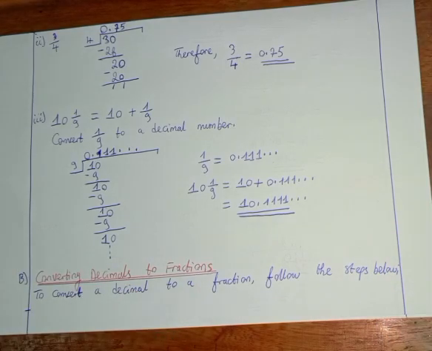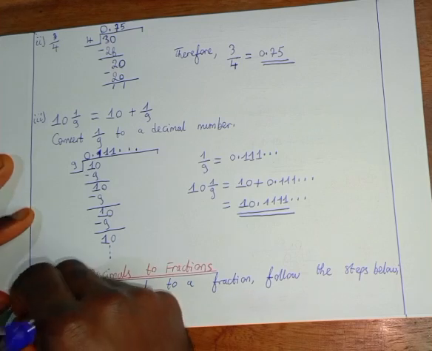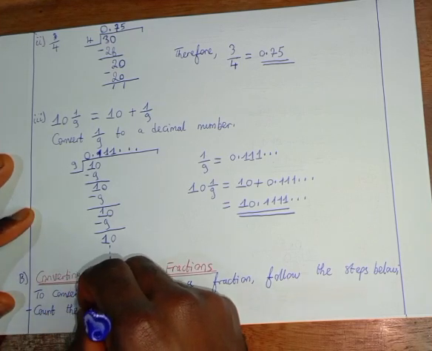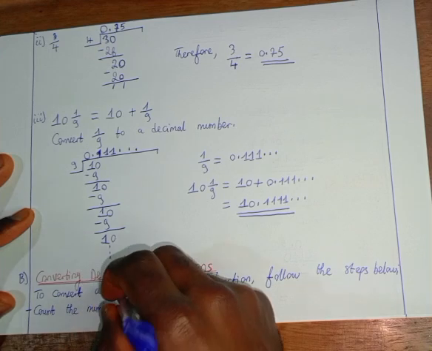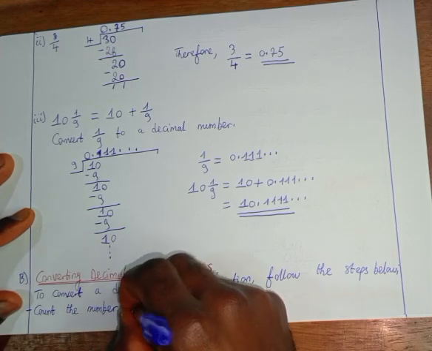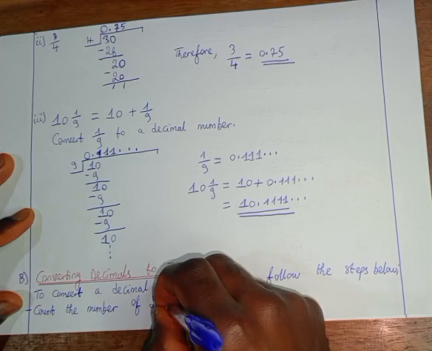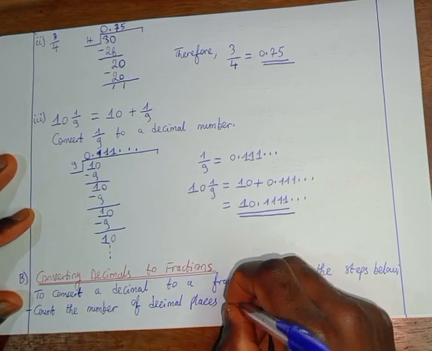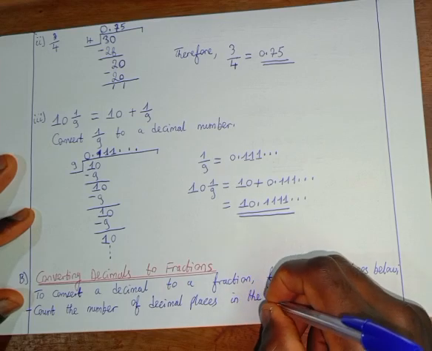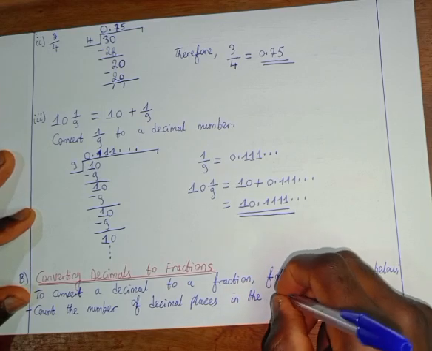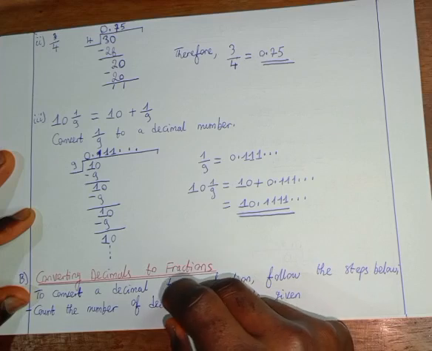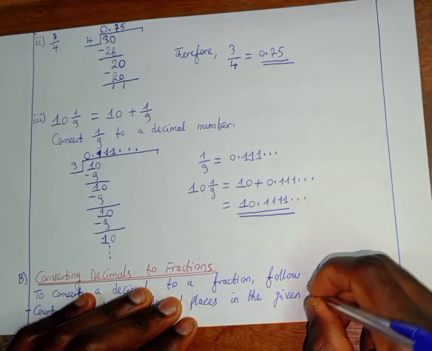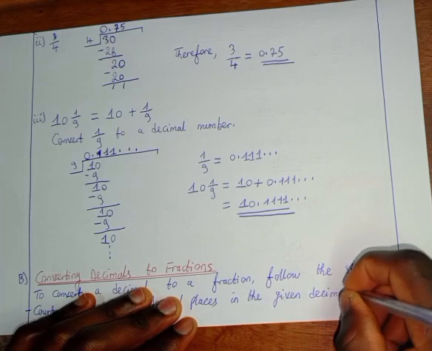The first one says count the number of decimal places in the given decimal number.